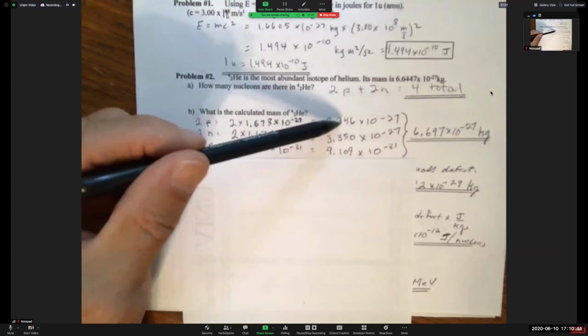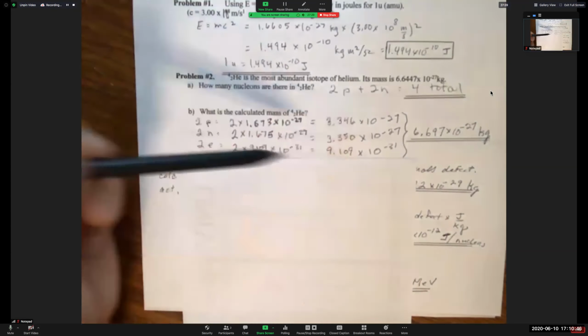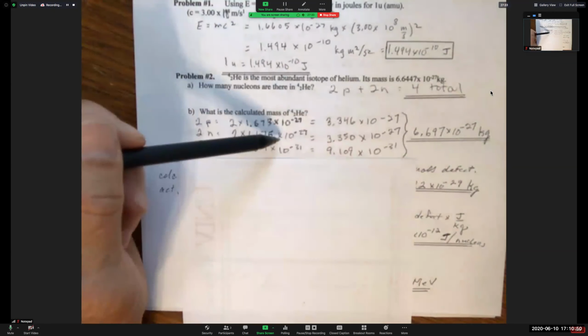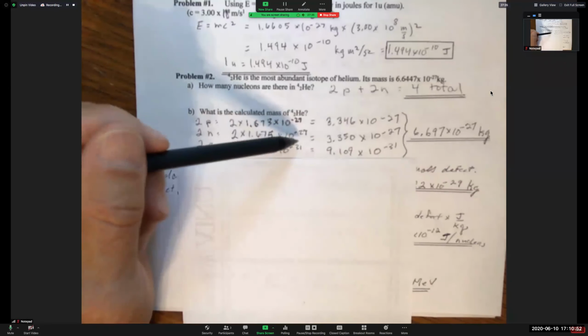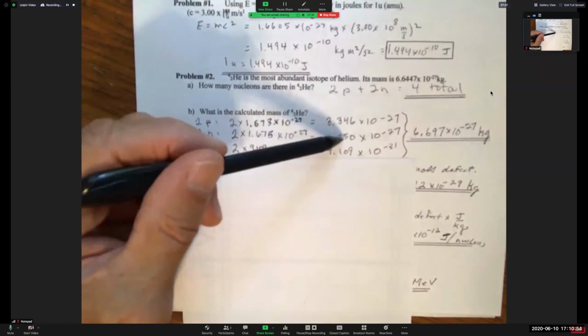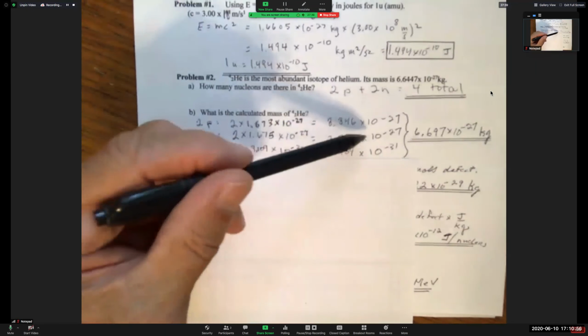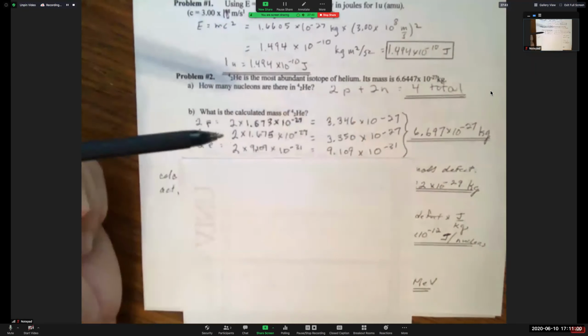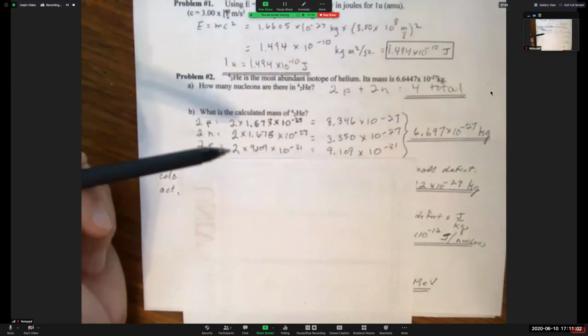That comes out to be 3.346 times 10 to the minus 27. We have 2 neutrons, so that's 2 times 1.675 times 10 to the minus 27 equals 3.350 times 10 to the minus 27. That's the mass of 2 neutrons in the helium nucleus.